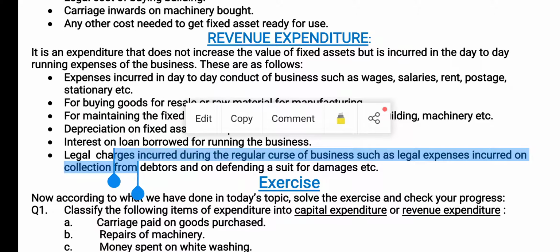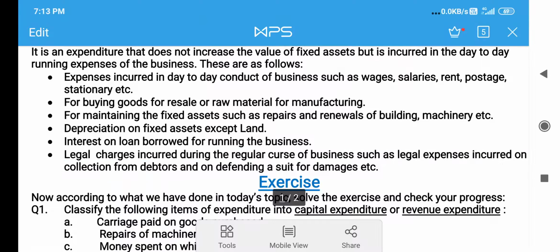And again, for maintaining all those fixed assets, we have to do repair and maintenance. Like I have machinery, so daily maintenance of the tools, daily oiling and greasing of the tools, nuts, bolts has to be done. Electricity maintenance has to be done for that particular manufacturing unit. That will be part of my revenue expenditure.